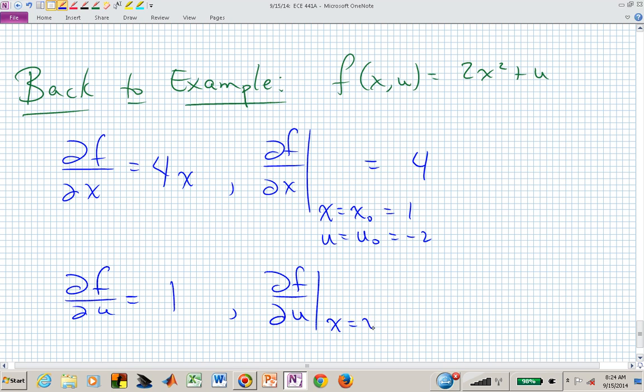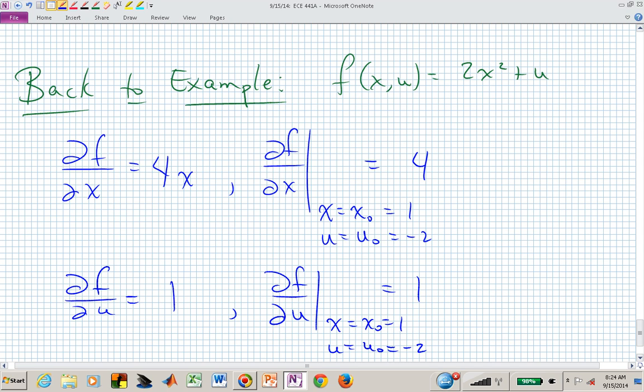Let's evaluate that at that operating point. 1. That was hard, wasn't it? There were no x's and u's left over after differentiating, so that's going to equal 1, whatever x naught and u naught were.